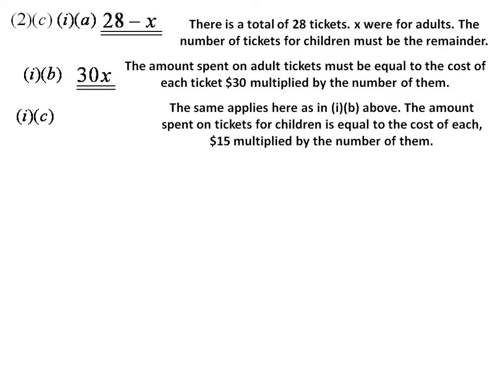The amount spent on tickets for children is equal to the cost of each one, $15, multiplied by the number of them, which is 28 minus X. So 15 multiplied by 28 minus X.